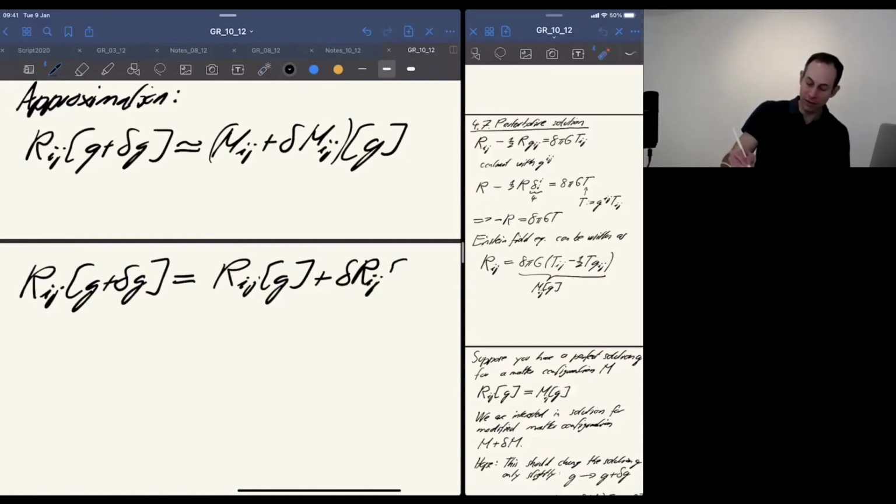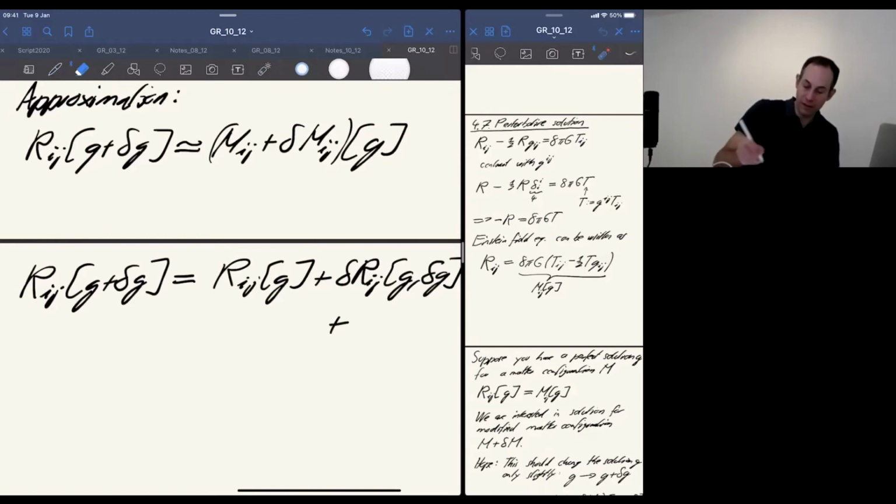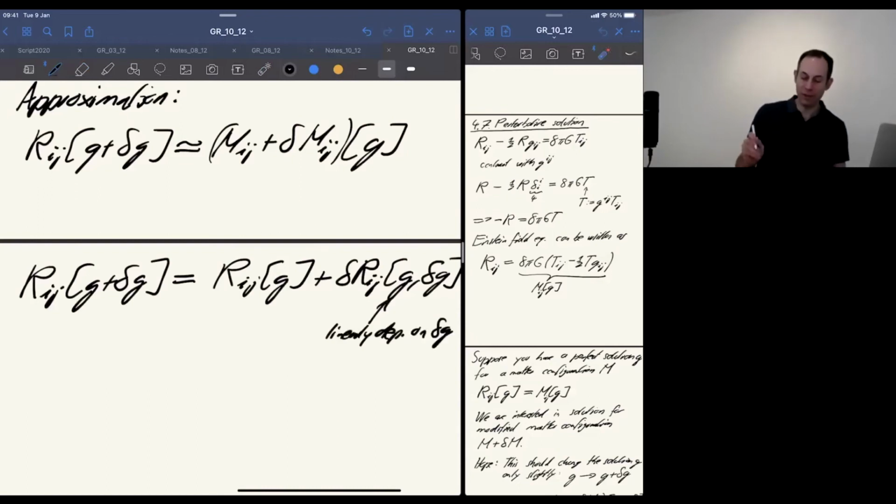And this now depends on G and delta G. So how much the curvature changes if I have a delta G, of course, depends on G. But this should only be linear terms. So the idea is that this is only linearly depending on delta G. That's a requirement that I put.